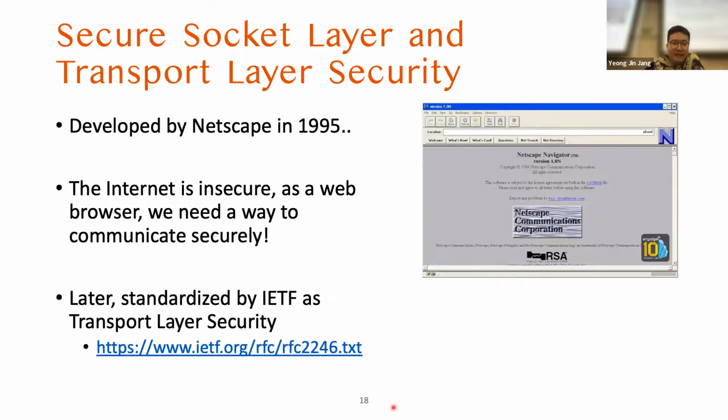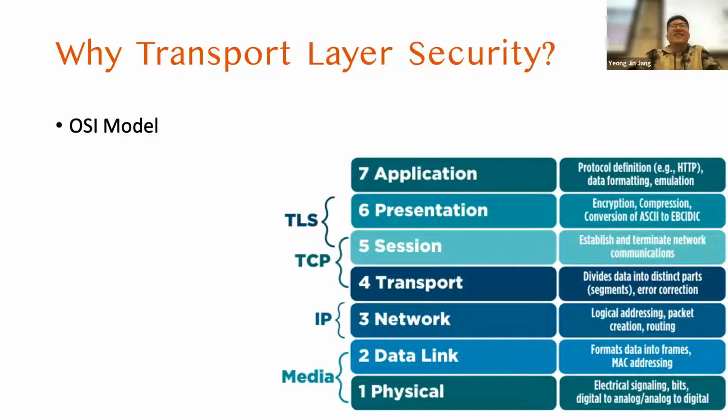And then, why is it called transport layer security? Transport layer supports TCP, UDP, and that kind of protocols. In this diagram, TLS is implemented in the session and presentation layers. Indeed, it is done by this. But why do we call it transport layer security?